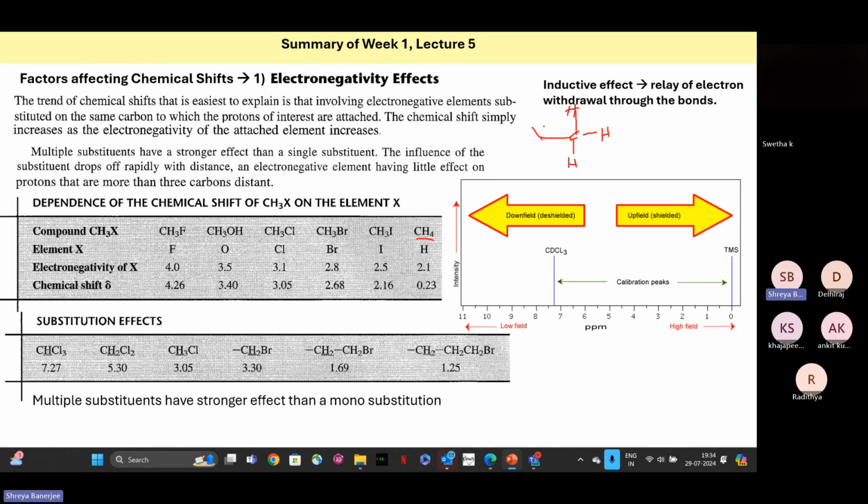And you have an electronegative element X attached to it. Now, as the electronegativity of X is increasing, X will withdraw more and more electrons toward itself. So on the hydrogens, there will become a delta positive charge. Because of the delta positive charge on the hydrogen, the electron density surrounding hydrogen will reduce.